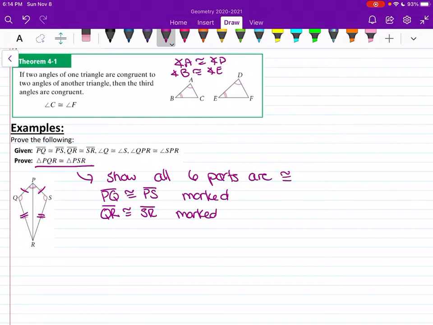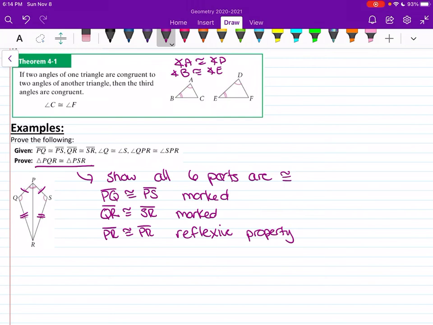They share that third side, PR. Well, PR, of course, is congruent to itself. And the official way we say something is congruent to itself is called the reflexive property. So the reflexive property says things are congruent to themselves.